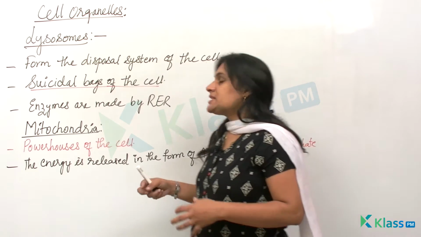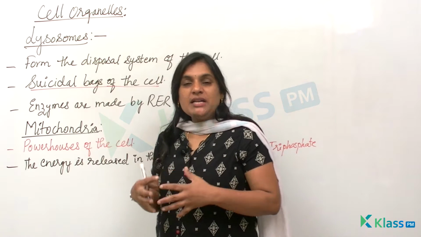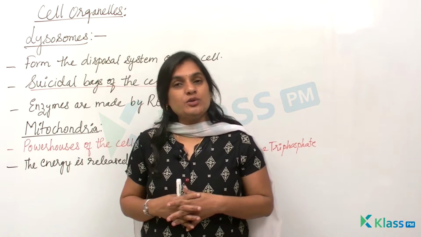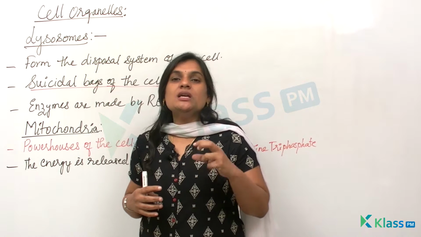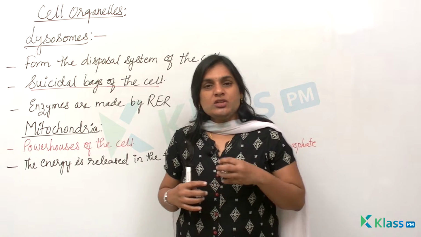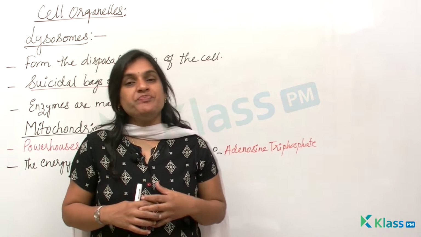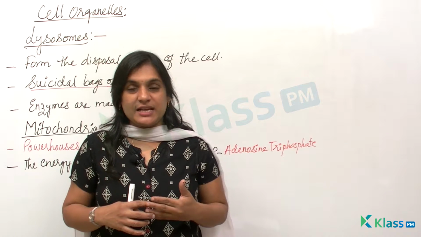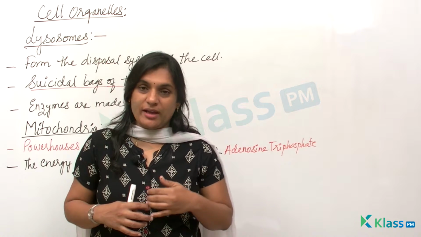So as I've told you, this energy is released in the form of ATP. And the ATP is called the currency of the cell. The power which is present in the ATP is released into the cell so that it can carry out mechanical activities or metabolic activities.